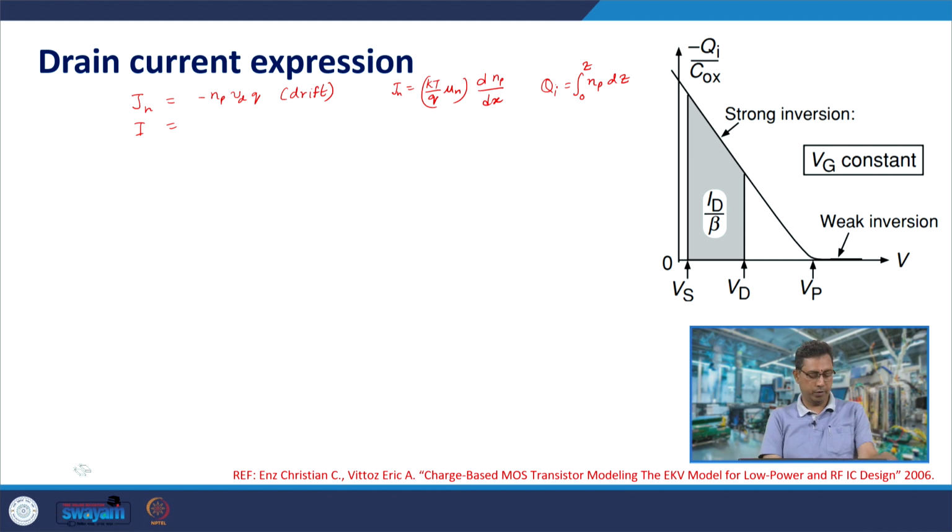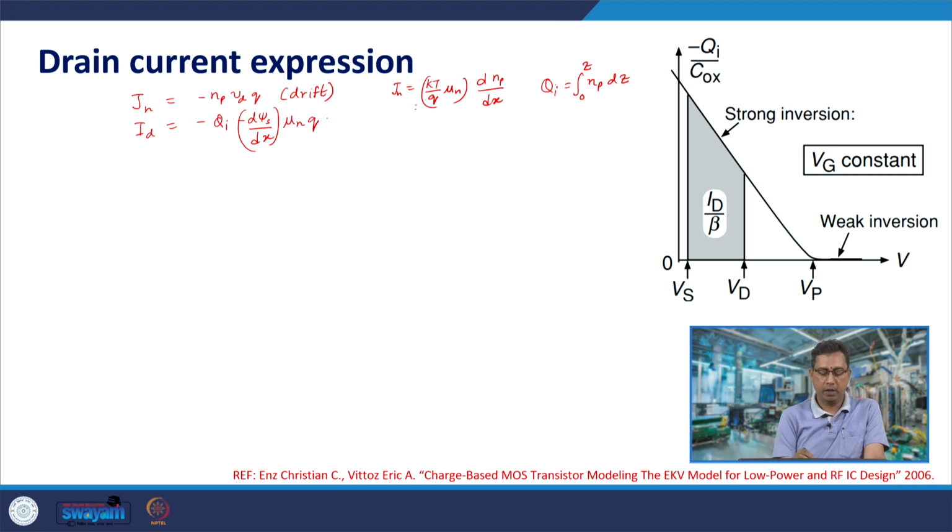How would we like to relate it to current? Inversion charge into what is drift velocity? Electric field, the x direction is from source to drain, the positive x direction. So, this is the electric field, minus d chi s by dx, into mobility mu.